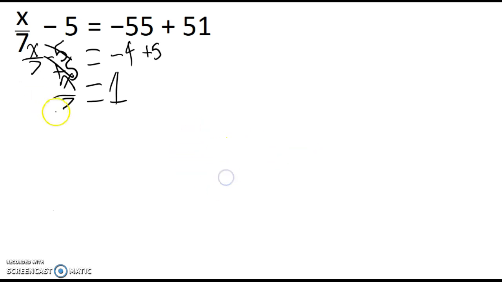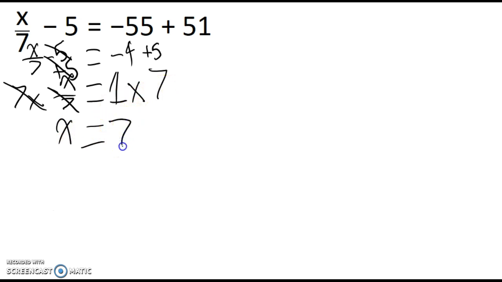So here we go, we multiply by 7, and then we take away these two, and if we do something on one side, we have to do it to the other. So we put multiply by 7 on the other side. So we have x equals 7. And now we have the answer, but we are not done yet. We still have one other step to do.